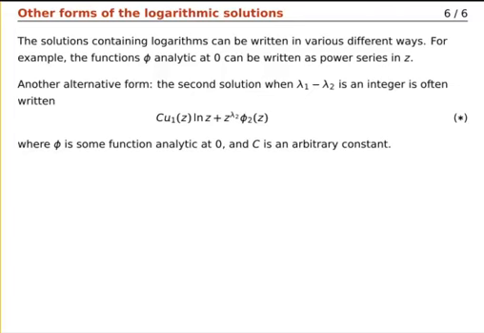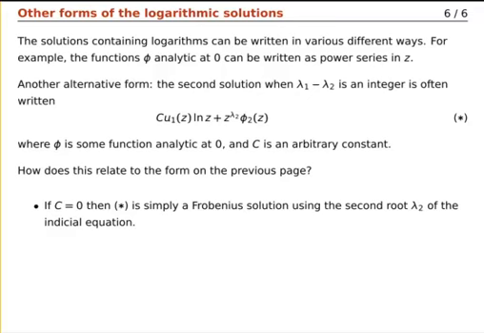But here's a more significantly different way of writing out the solution in the case when lambda 1 minus lambda 2 is an integer. And remember, we said in that case the second solution might be a Frobenius solution, or it might be a solution containing a log. Sometimes you'll see the solution written out in this form as just a single formula with a new arbitrary constant c. So the obvious question is, how does that form of solution relate to the form on the previous page?